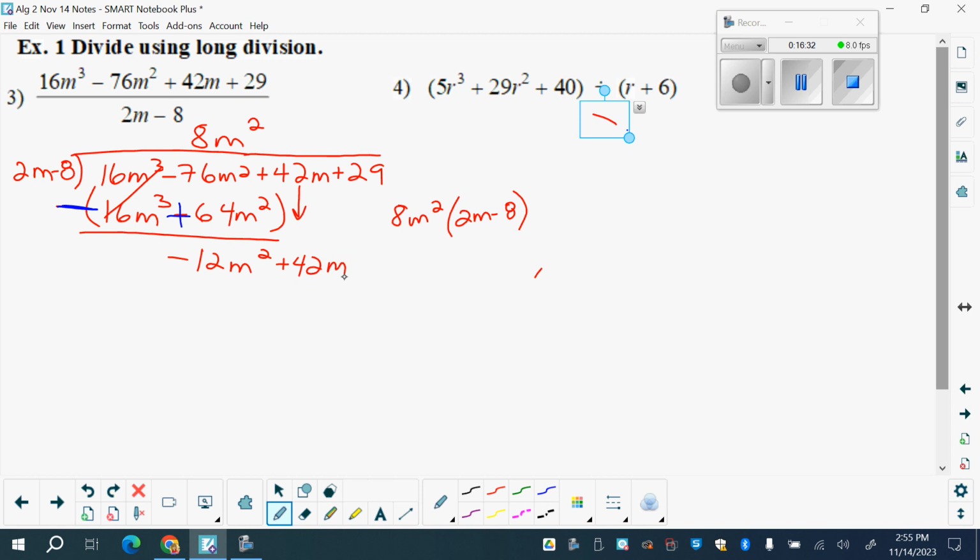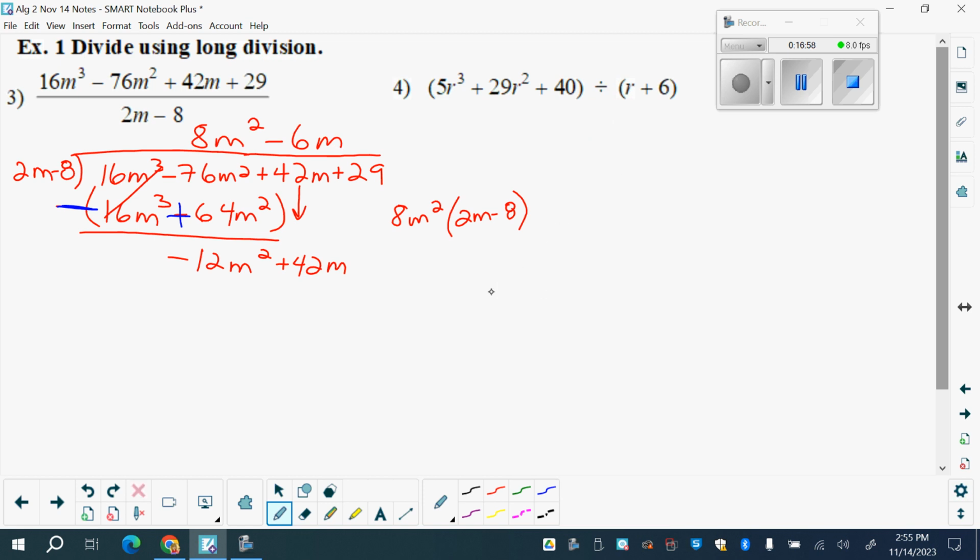So now I want to figure out what do I multiply 2m by to get a negative 12m squared? Jack, what do I multiply 2m by to get negative 12m squared? 6. Positive or negative? Negative. Okay, and just negative 6, or are there any m's? Negative 6m. Good. I know a lot of parts to it, huh?